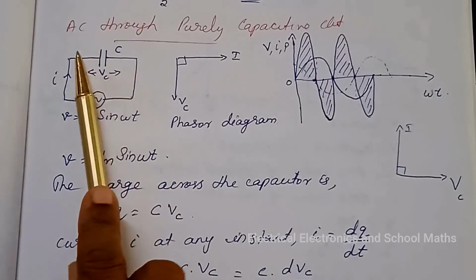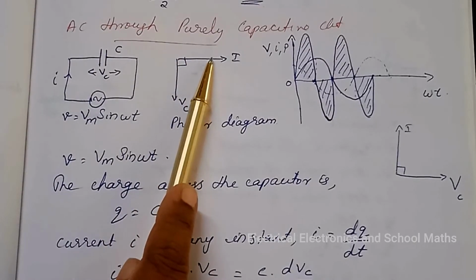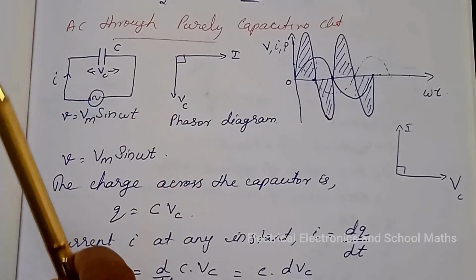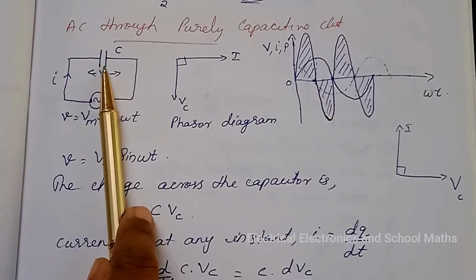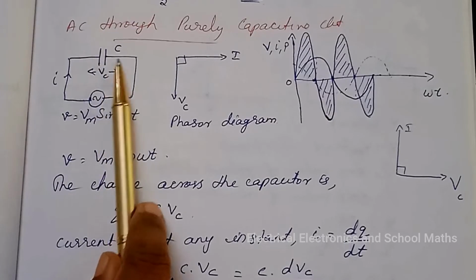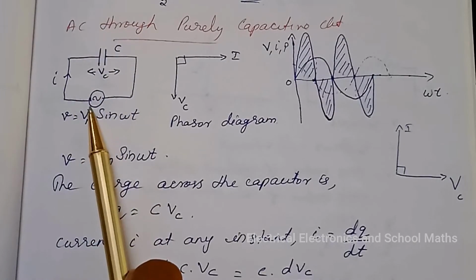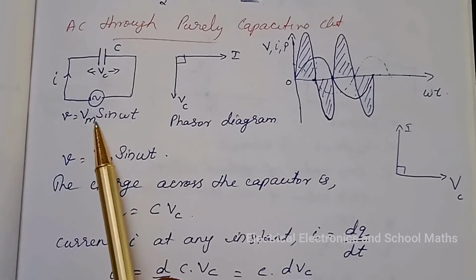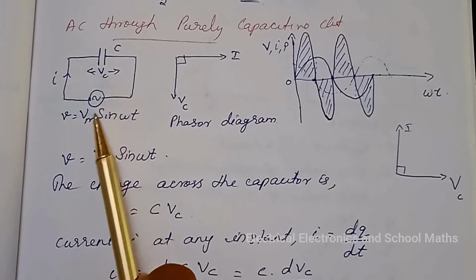Now let us study AC through a purely capacitive circuit. Consider an AC circuit containing a capacitor of capacitance C farad. Let an alternating voltage V equal to Vm sin omega t be applied to the circuit.